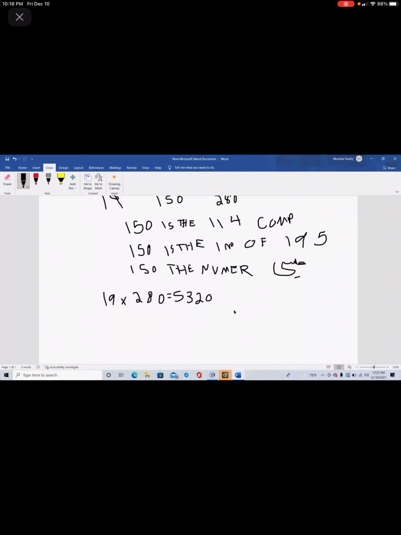This number, 5320, is the count of initials Aleph, Lam, Mim, Sad in chapter 7 in the Quran.